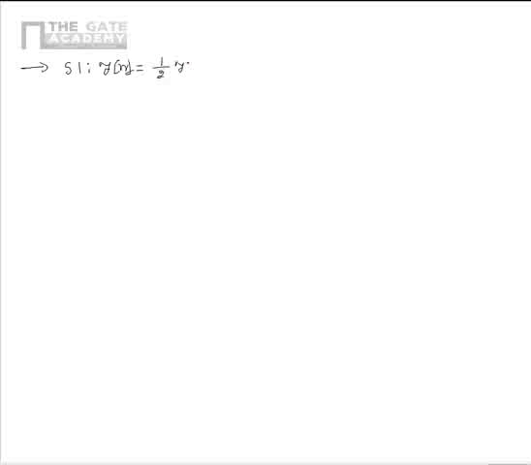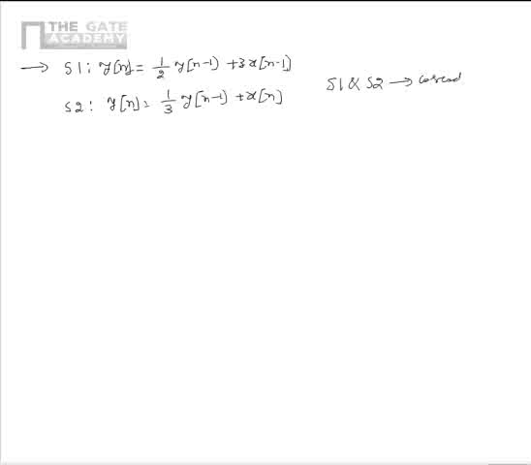System 1 has the LCCDE y(n) = 1/2 y(n-1) + 3x(n-1), and system 2 has the LCCDE y(n) = 1/3 y(n-1) + x(n). Both the systems S1 and S2 are connected in cascade. We need to find the LCCDE that represents the cascaded system.